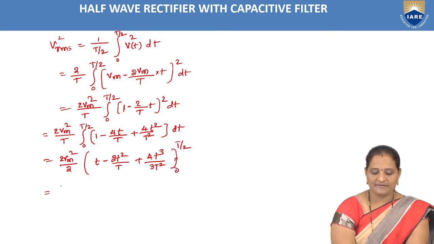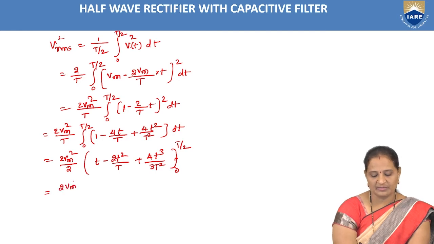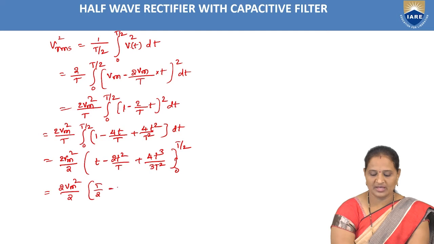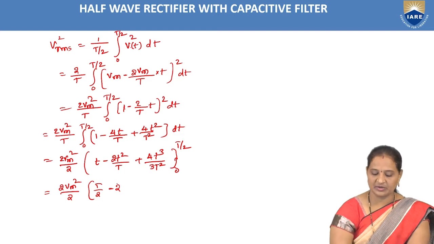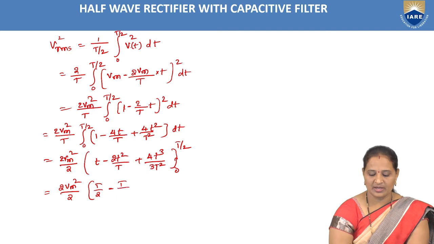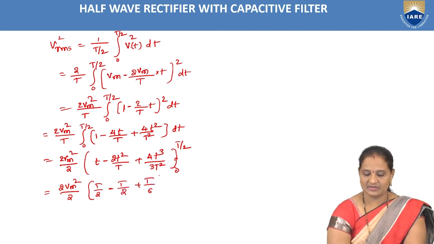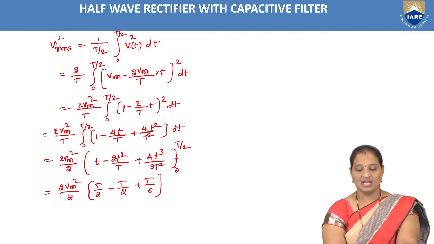So here after applying the limits, 2 Vm square by 2, so it is T by 2 minus 2 into, after substituting the limit, T by 2, again here it is T by 2 plus T by 6. So this is after applying the limits.